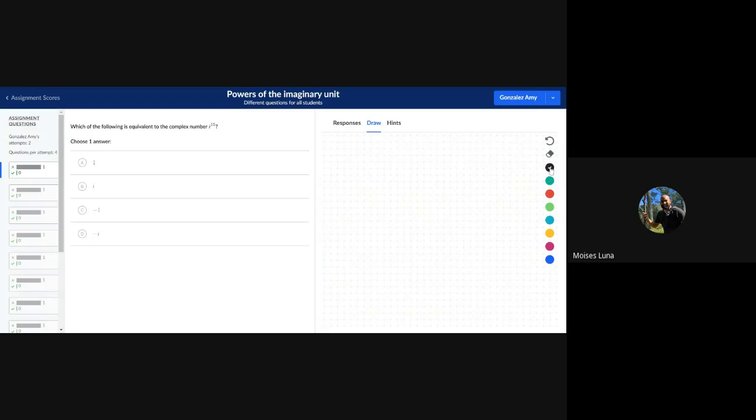All right, so we did it with 15. Let's do it with 14. All right, good. So what I'm trying to do here is, remember, it would be beneficial if you just write this down so that you remember: negative i and i to the 4th power equals 1.